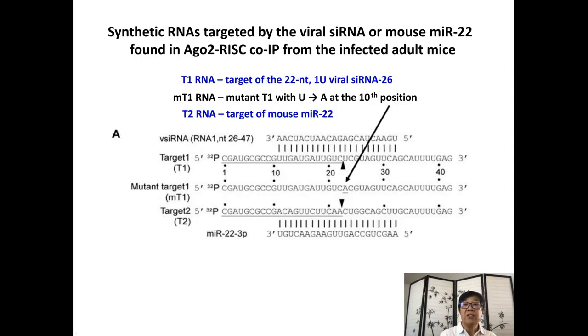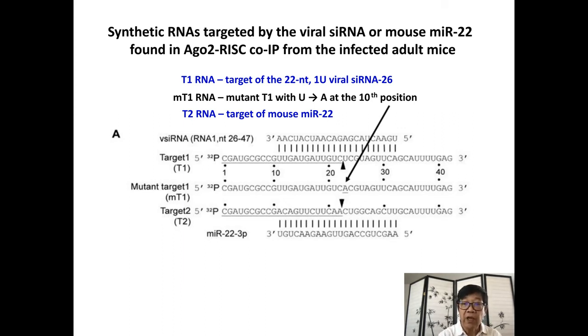And as a positive control, we synthesize a T2 target RNA that is perfectly base paired with microRNA 22, also accumulated in the AGO complexes. So this is a mouse endogenous microRNA.